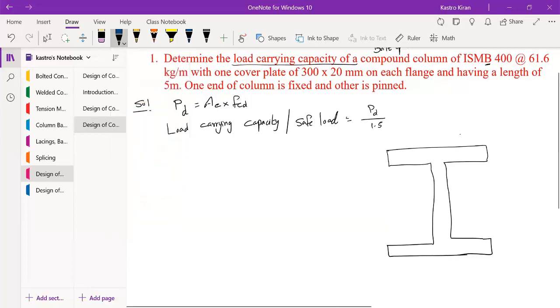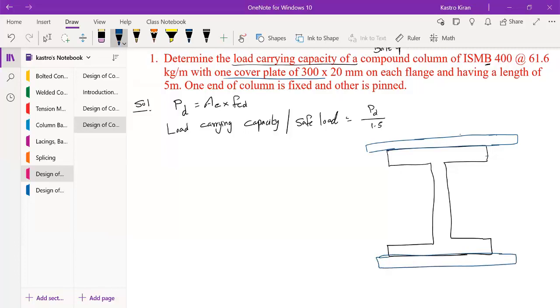Along with the I section, you also have one cover plate of 300 by 20 mm on each flange. So you have the top flange, this one, and the bottom flange as well. And the middle portion is called the web.